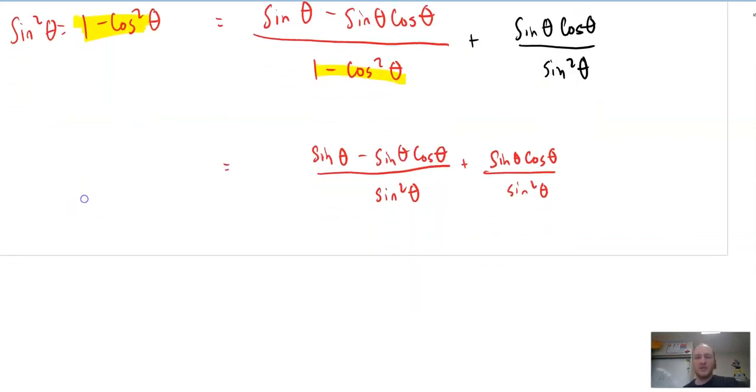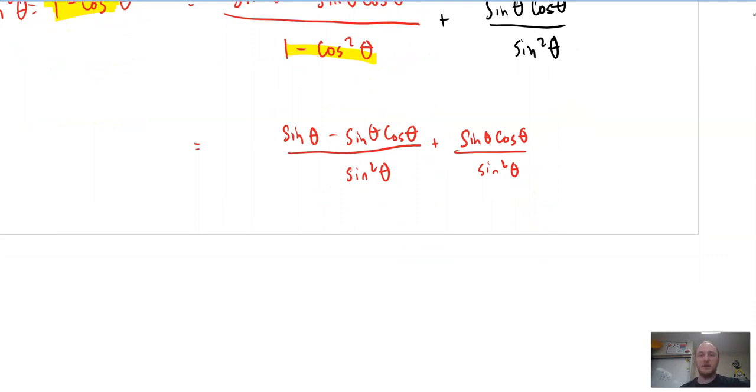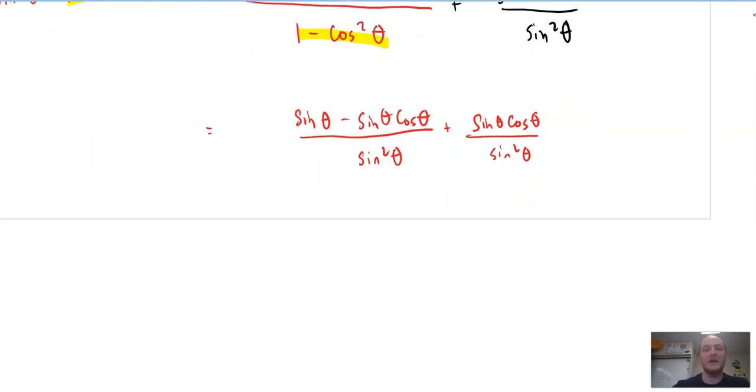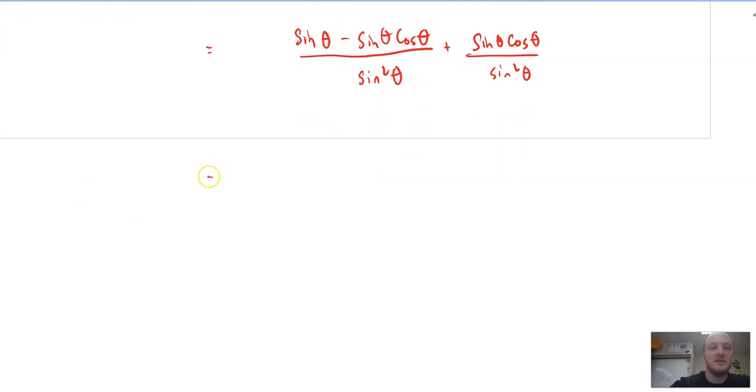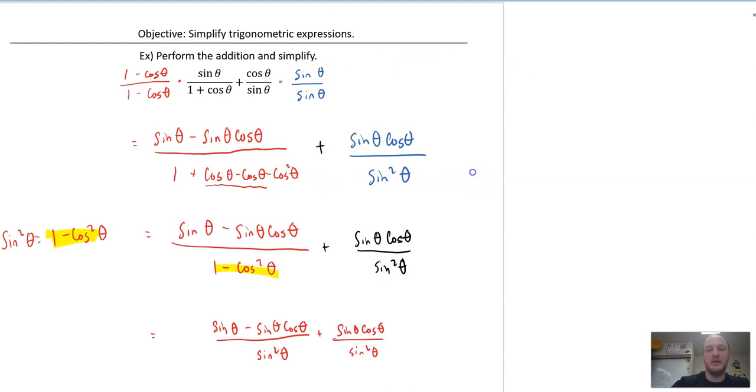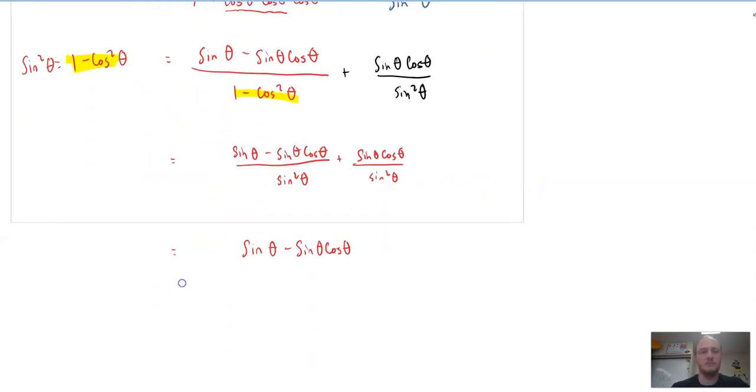Okay, and what I hope you see is that they have the same denominator. So I can rewrite this. This now becomes sine theta minus sine theta cosine theta plus sine theta cosine theta, all over sine squared theta.